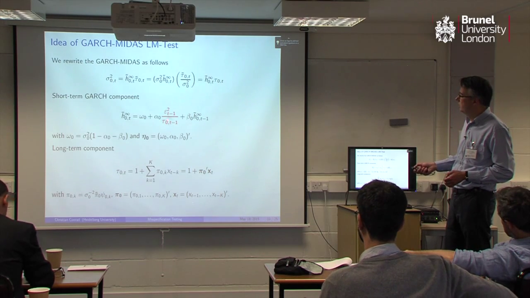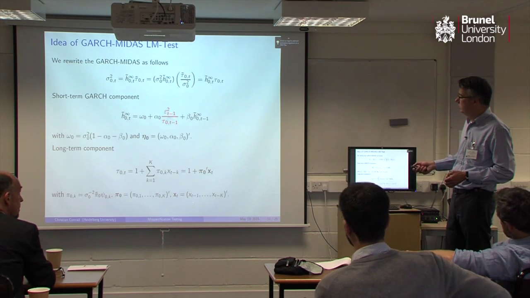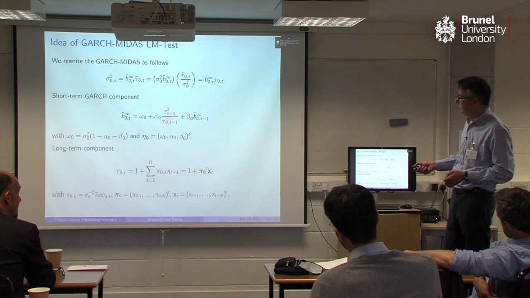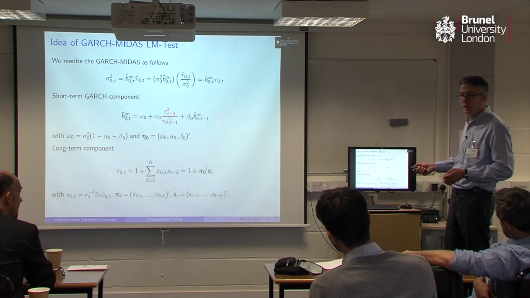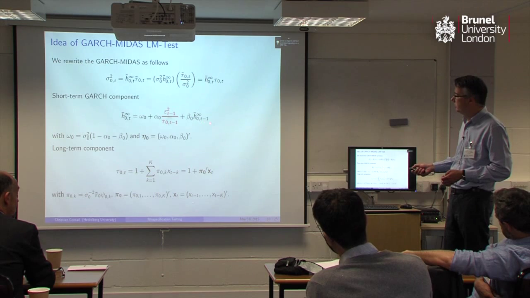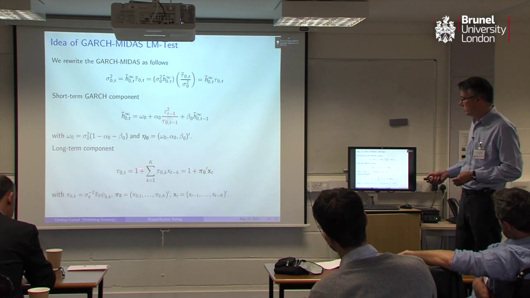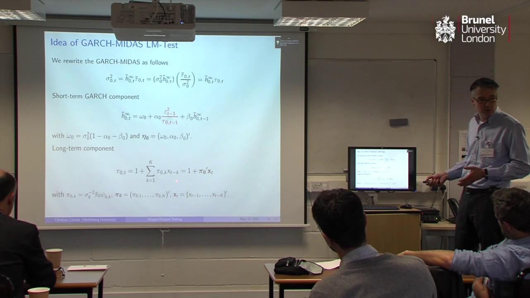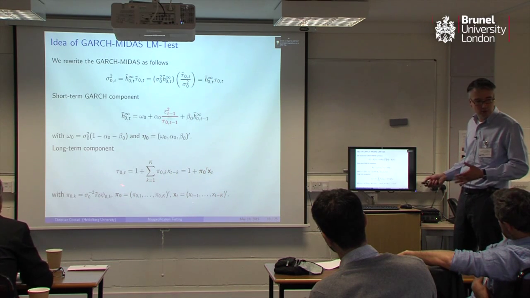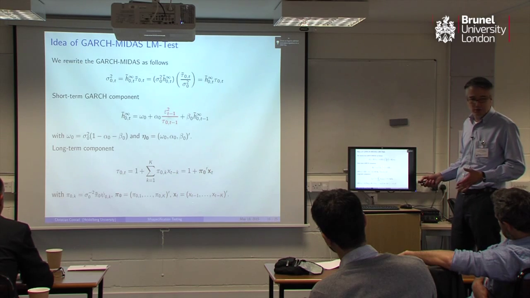This is the same as h times z squared, so this is really a GARCH process here. If you do the rewriting, then the long-term component can be written in this way. And basically what we want to test is whether all the coefficients in this pi_0 vector are equal to 0, because then the long-term component is just equal to 1.